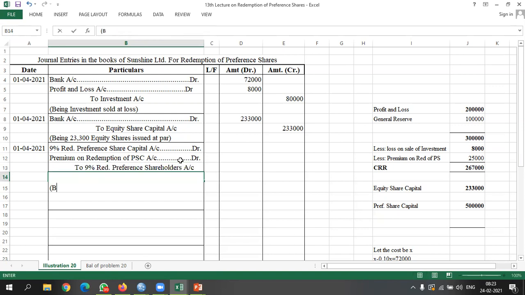Here I will write: being claim transferred at 5% premium.